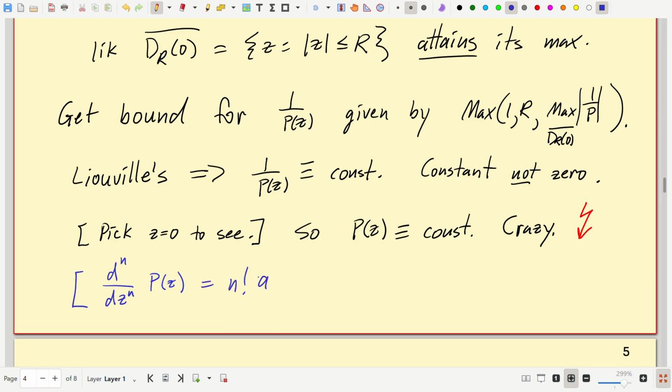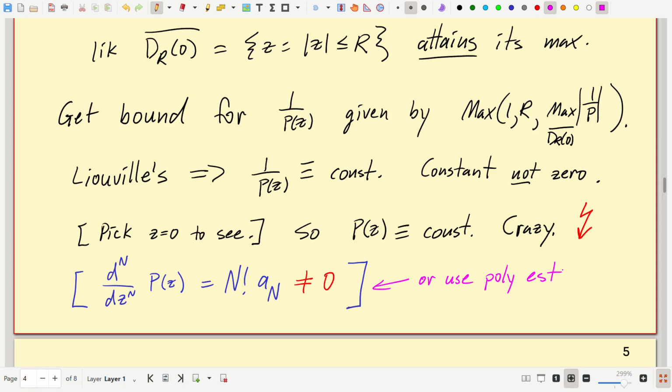The nth derivative of P of z is n factorial a_n, and that's unequal to 0. So there's no way it could be constant, because then that would be 0. Or you could use the basic polynomial estimate to see that it couldn't possibly be constant, because it's got to get arbitrarily big.